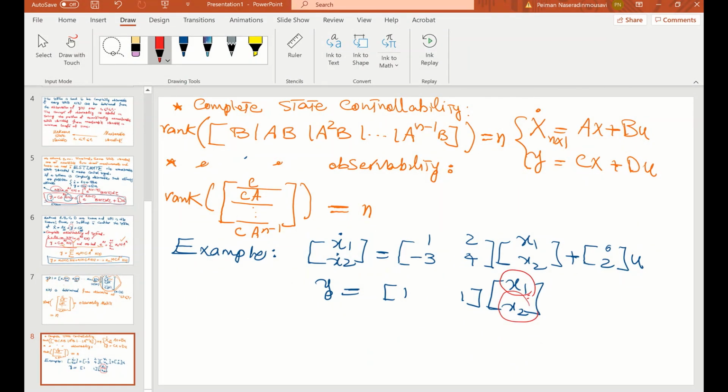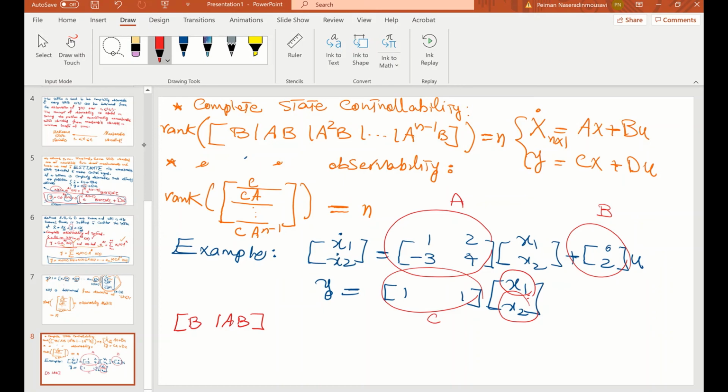So I want to examine first state controllability. We have to make B and AB. This is your A, this is your B, and this is your C. So B is 0 and 2, and AB is going to be 0 and 8.